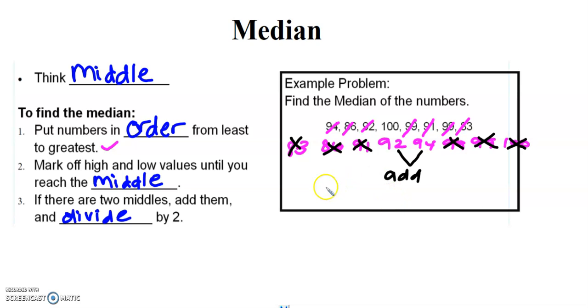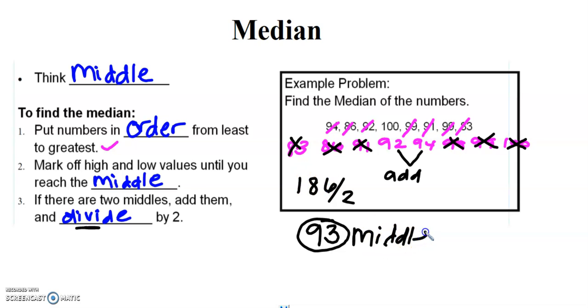And when you add them together, you should get 186. And then remember our step said to divide by 2. So if we take 186 divided by 2, our final answer is 93. So 93 is our middle, or our median.